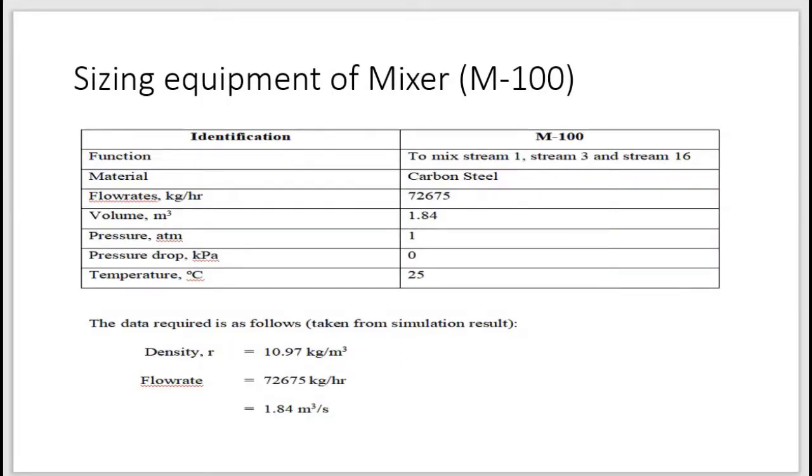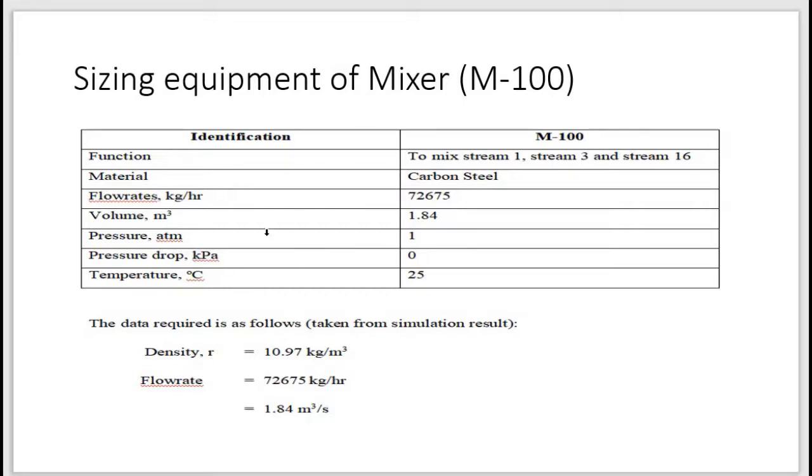The first one is sizing of the mixer. This is its specification. As you can see, these two are data that we have taken from Aspen HYSYS.